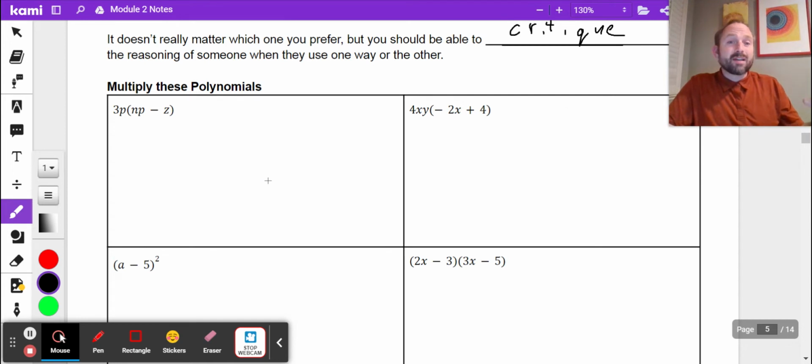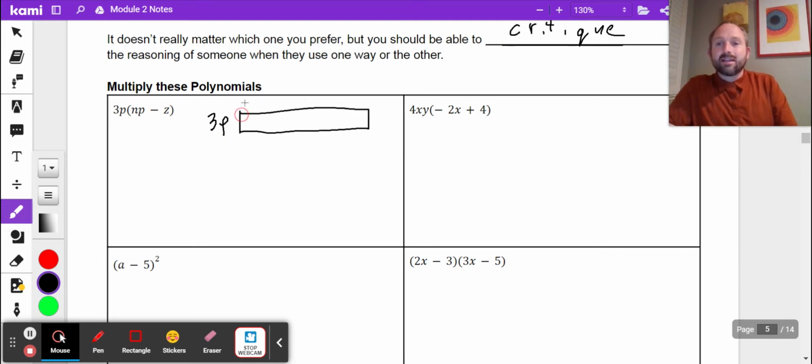So let's multiply these polynomials. I'm going to use the area model. You can use this, or you can use the FOIL method. Let's erase that part.